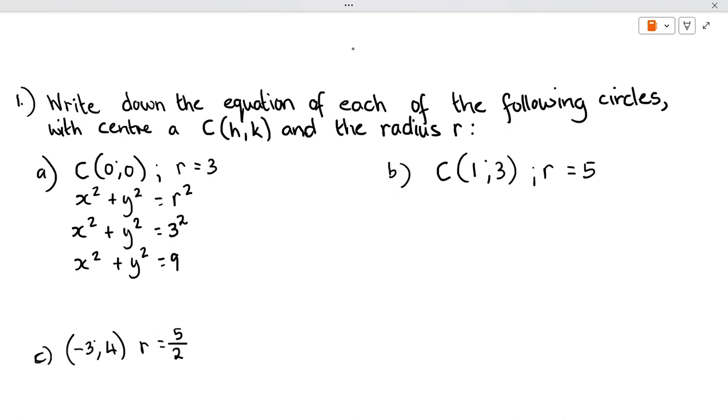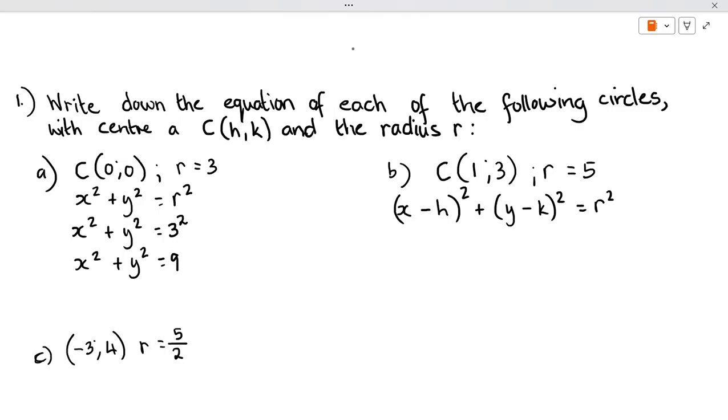Now on the right hand side, the center of the circle is now at 1, 3. So your formula here would be x minus h squared plus y minus k squared equal to r squared.